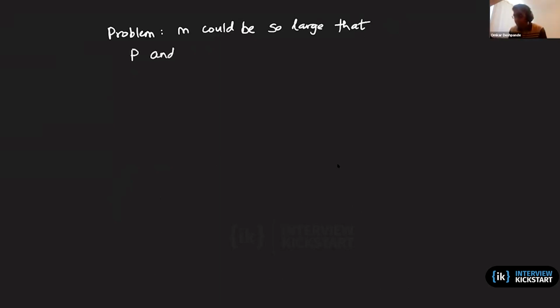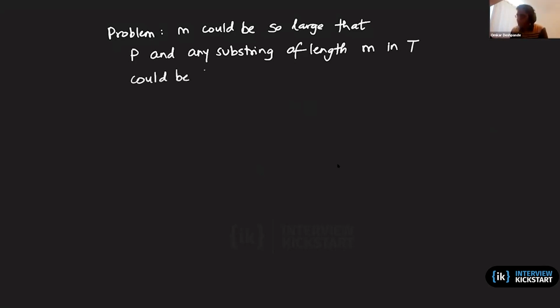But the actual problem is that m could be so large that the pattern P and any substring of length m in T, one or both of them, could be too large integers to work with.